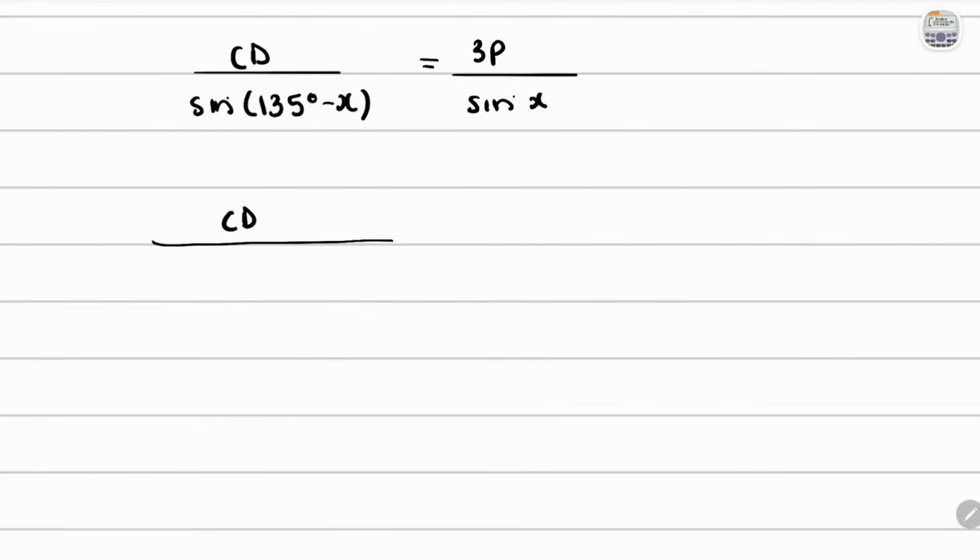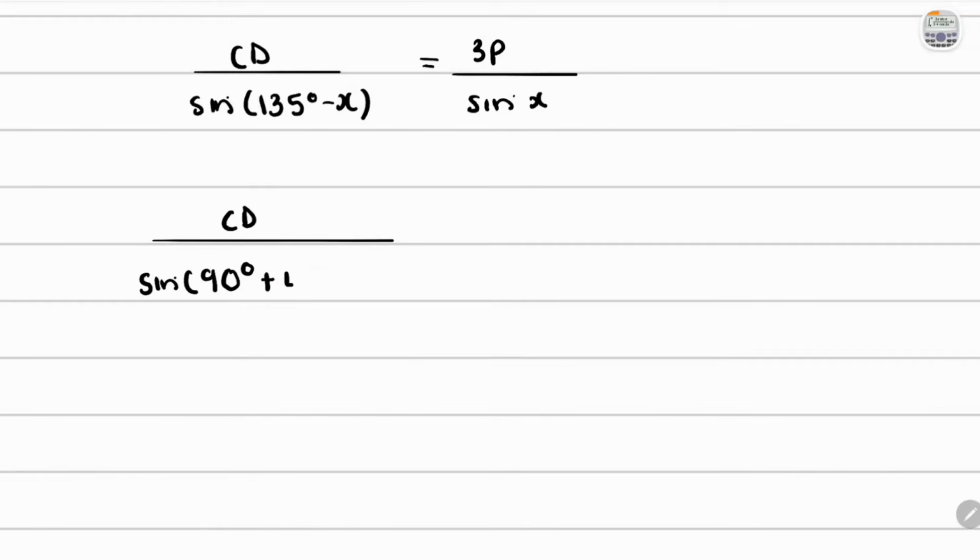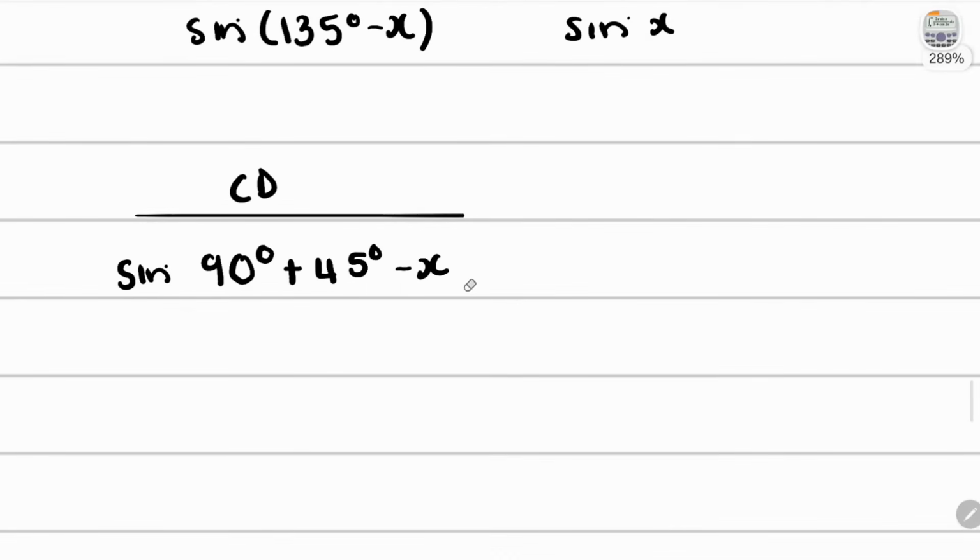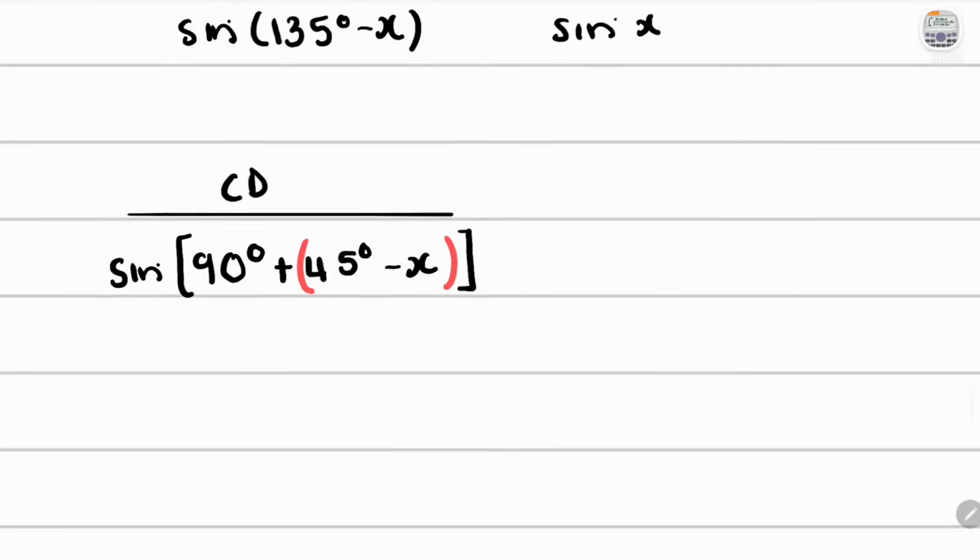So we have CD over sine of, and we can split that 135 degrees as 90 degrees plus 45 degrees. That's what gives you 135 minus x. Really what we're doing here is grouping these two together as if they're one single angle and then applying cofunctions.